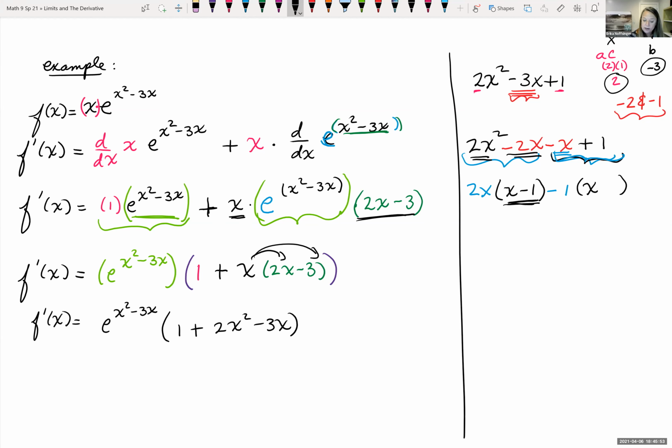And pulling a negative 1 out of positive 1 gives me minus 1. So now what's inside the parentheses is the same. We can factor that out, x minus 1. So if we pull out x minus 1 from the first grouping, you're left with this 2x here. And if we pull out a x minus 1 from the second grouping, we're left with a minus 1 there.